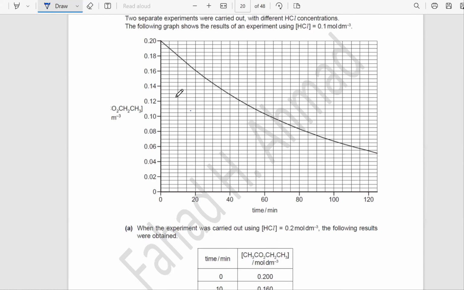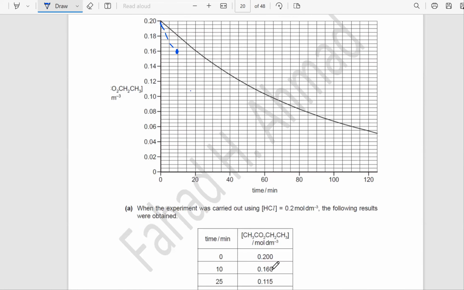So I mean, it's a lot steeper, ठीक है? Start से ही it's a lot steeper. फिर 25 पे it's 0.115.